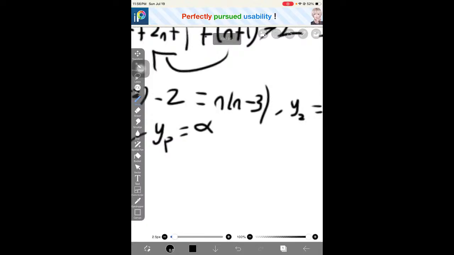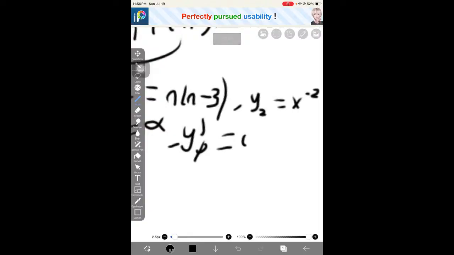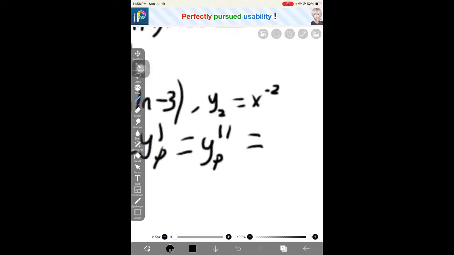When we take the derivative, y prime of p and y double prime of p, both of them are going to equal 0. So let's try to substitute.